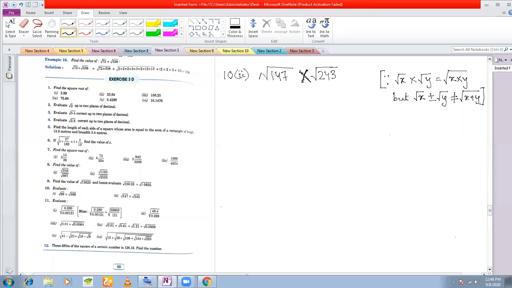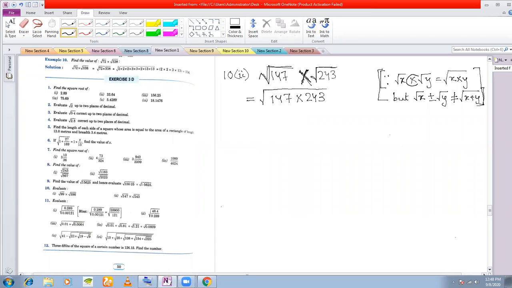If you see two radicals, if you see two square roots, and if you see a multiplication sign in between, not a plus sign or a minus sign, then you can write this as the square root of 147 into 243. Very important note to remember.